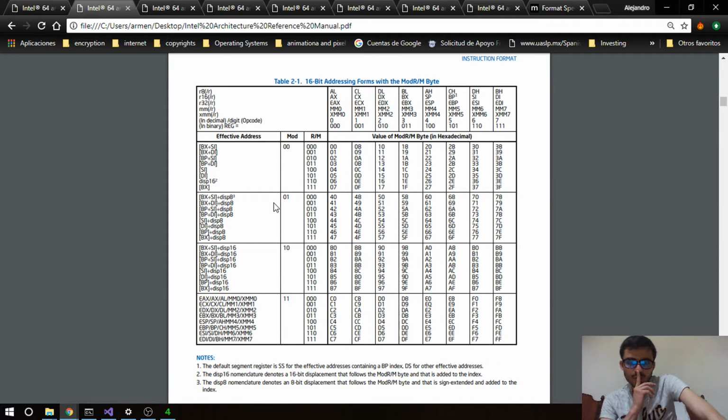They are all bases. BX works as the base, and SI and DI work as scales, probably. Yeah, base times the scale. Oh, this is a plus, so it's not a scale, it's an index, probably.